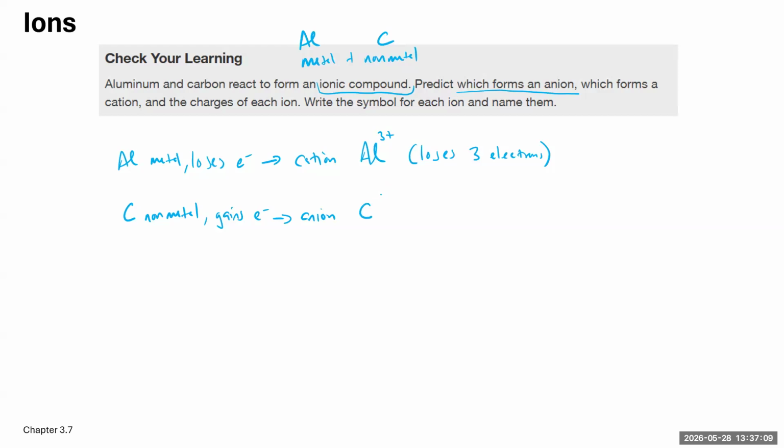And since carbon can either gain 4 or lose 4, it's going to actually gain 4 because aluminum lost the electrons. Now these numbers don't add up, right? Aluminum can't give up 3 and then carbon pick up 4, right? And we'll come back to this and we'll actually do the correct numbers. Let's actually try it right now. Again, we're trying to make neutral compounds.